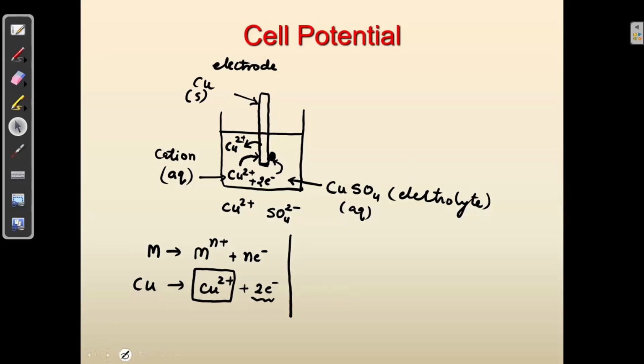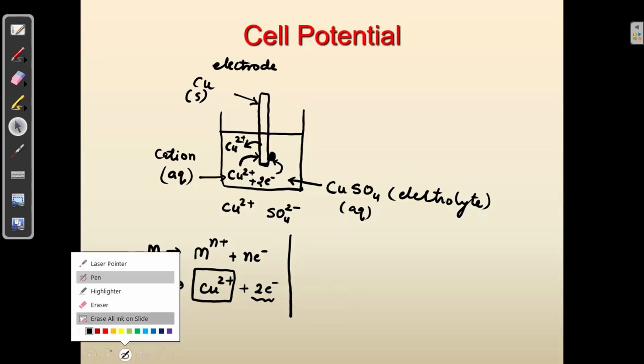Suppose a zinc electrode is dipped in a solution of zinc sulfate. This will give me zinc ions, and this is zinc metal. So the same thing will happen. Zinc ions will come out from the electrode, and zinc ions from the electrolyte will go into the electrode.